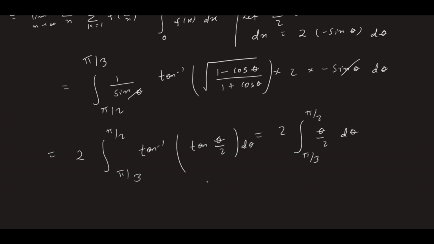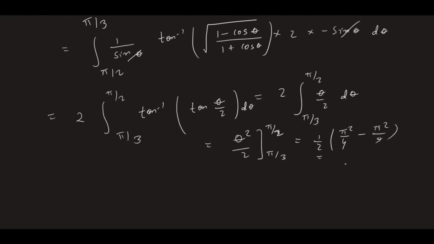So this will be theta square by 2 from pi by 3 to pi by 2. So this will be 1 by 2 times (pi square by 4 minus pi square by 9), which is equal to 5 pi square by 72.